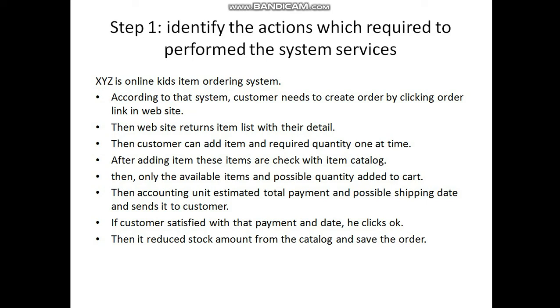Fifth, adding available item to the cart. Sixth, calculating full payment and possible shipping date. Seventh, send that detail to the customer. Eighth, customer confirms the order by clicking OK. Ninth, reduce stock amount from the catalog. Last, save the order.